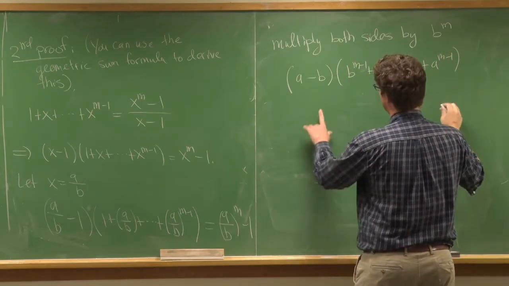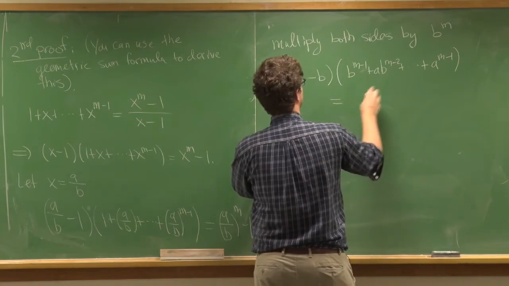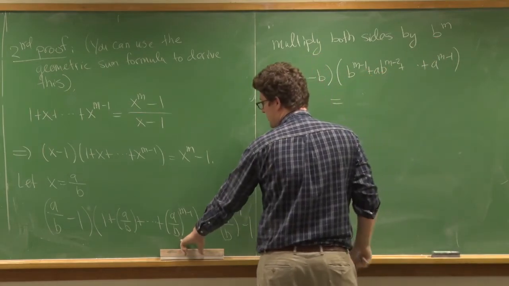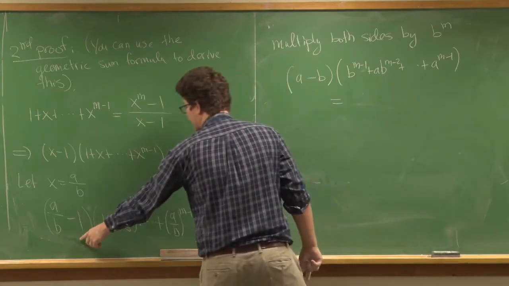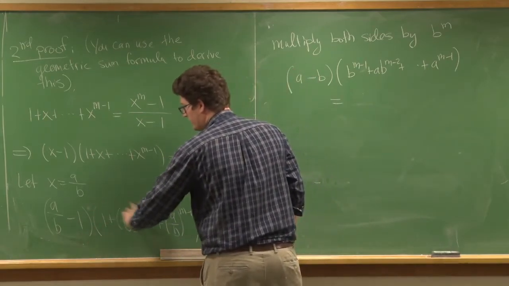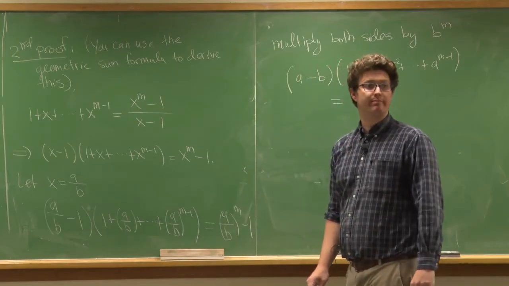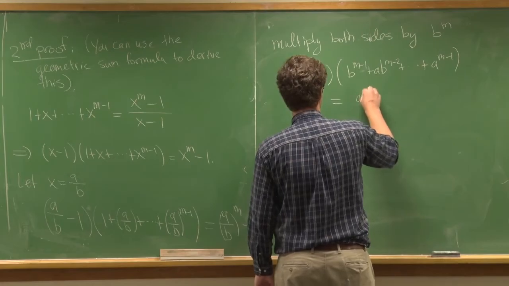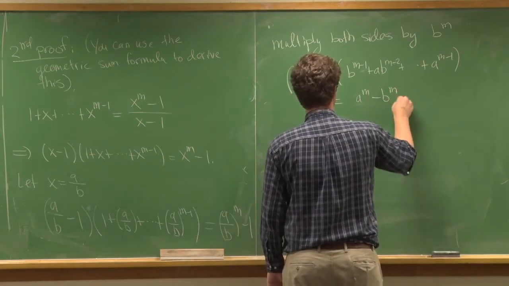So here I distributed this thing into two pieces, right? I multiplied this factor by b to the m minus 1 and this factor by b. And the whole thing is really multiplying by b to the m. Okay? So now this side becomes a to the m minus b to the m.